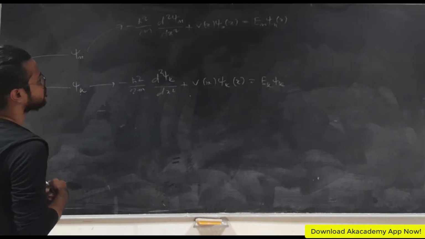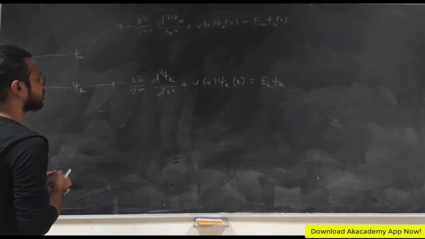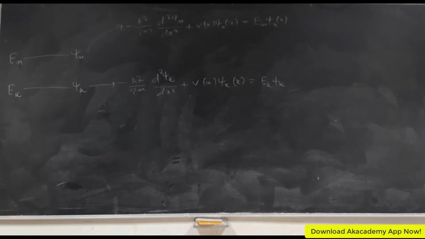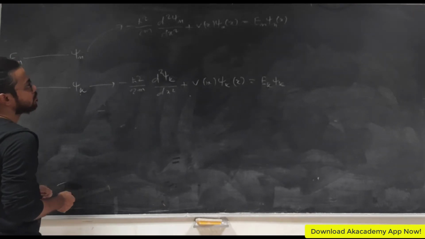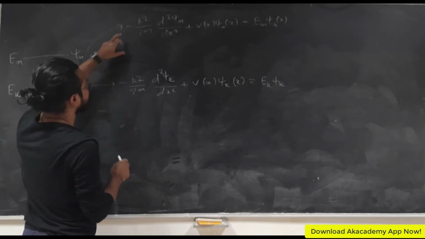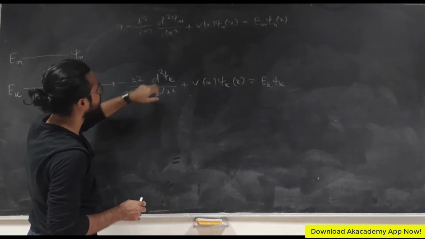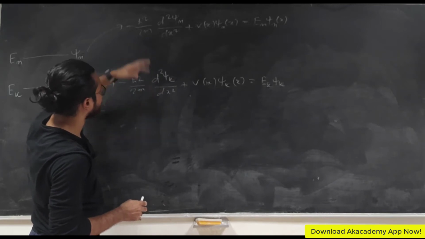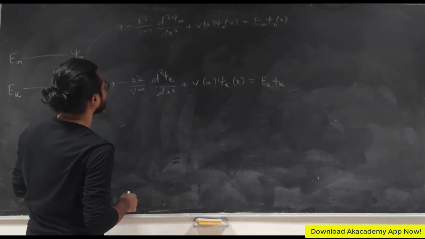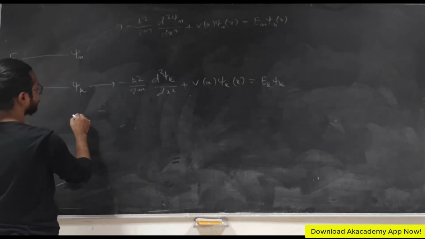Now if we multiply this equation by psi k and multiply the other equation by psi n and subtract, what will we get?